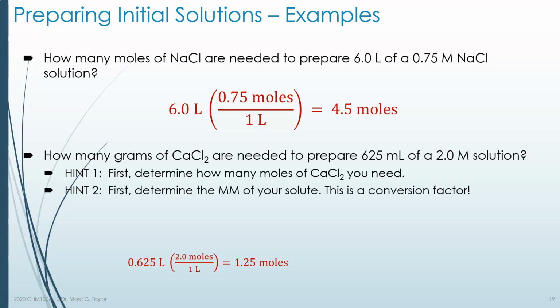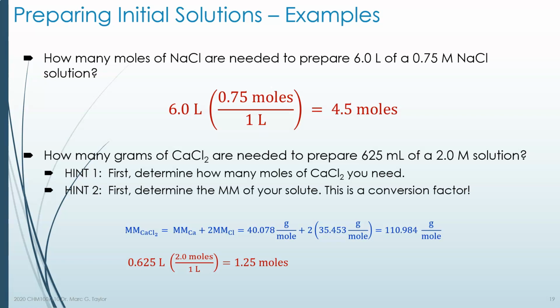Then we need to turn our moles into grams. So we know how many moles of calcium chloride we need. How do we turn it into grams? Well, first we need to know how many grams are in a mole, and that number is the molar mass of calcium chloride. And we get that by adding the molar mass of calcium, which is the same as the atomic mass with the units grams per mole.